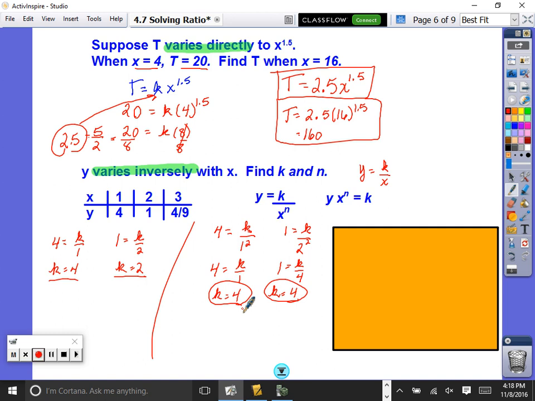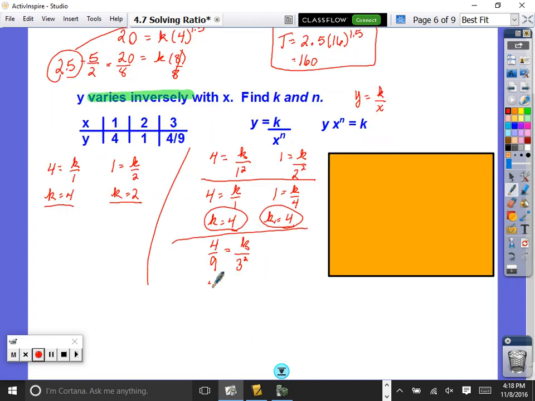Let's try our next one. 4/9 equals k divided by 3 squared. That is 4/9 equals k divided by 9. If I do my cross products, I get 36 equals 9k divided by 9, and k is 4.